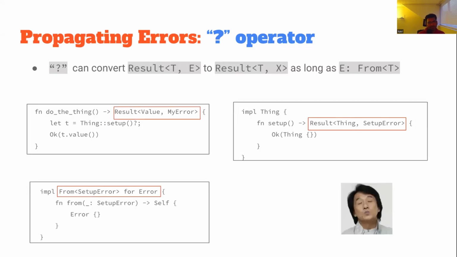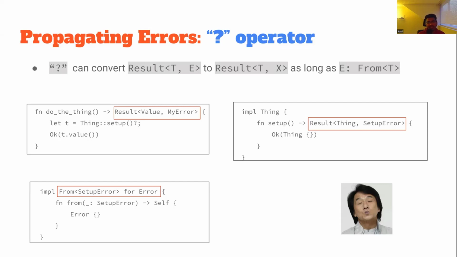So the interesting thing is with the From trait. If you remember, one of the things we were discussing about how to play nice with the Rust ecosystem is to implement this From, oh sorry, not From one, that's different, sorry. So how it works is basically the question mark operator can be happy converting different types of errors, as long as one error type can be converted to the other type via this From trait.